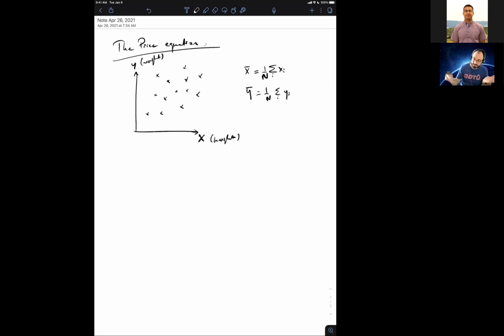So these are just the means. And of course you can write down the variance of X, which is the mean of the squared difference between the Xi and the mean X. That's just the definition of variance. You can have the variance of Y.